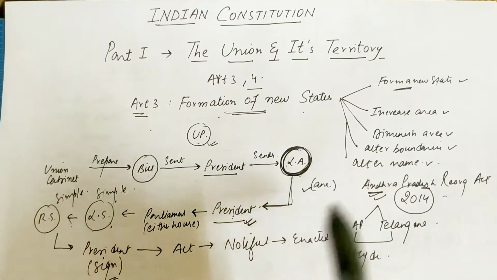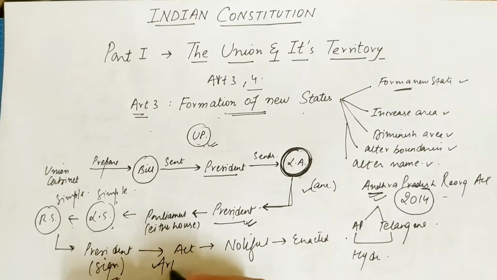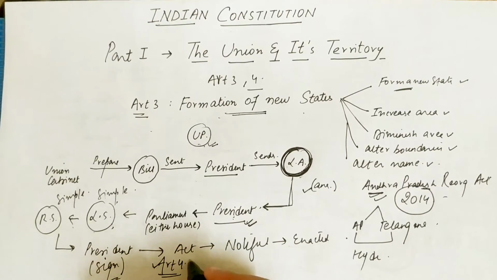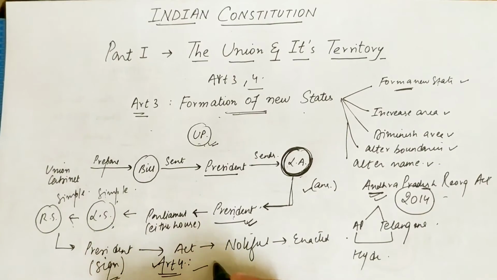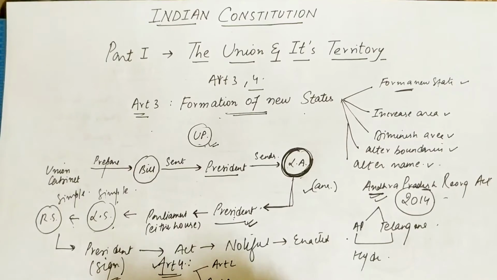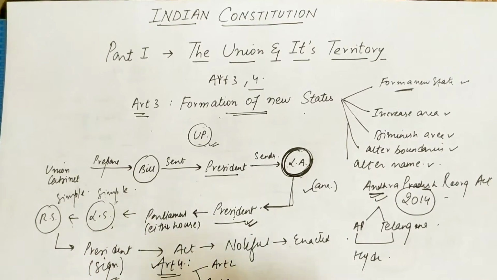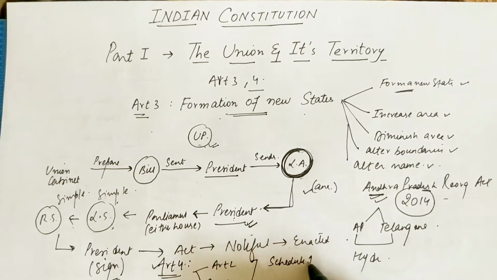We studied the whole process. The last is Article 4. It is just a small article. It says that laws made under Article 2 and Article 3 provide for amendment of two schedules, Schedule 1 and Schedule 4.